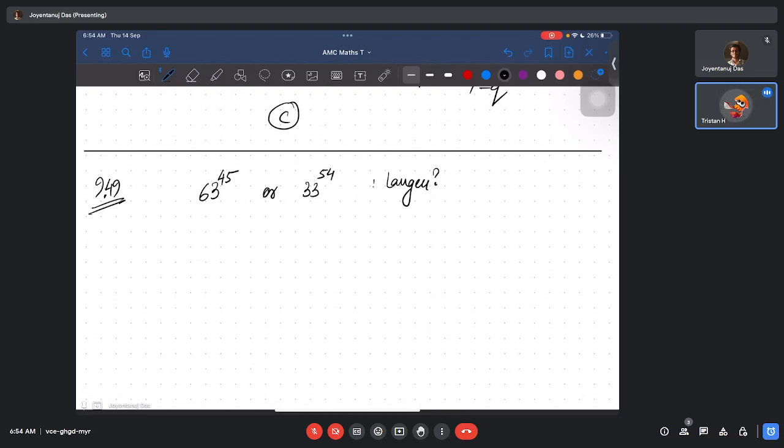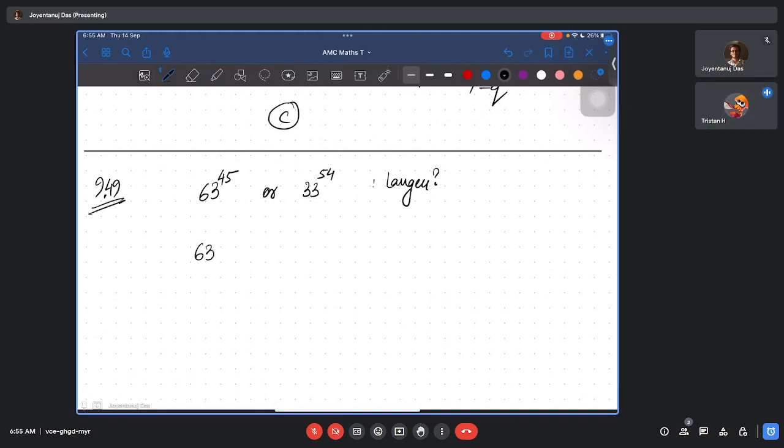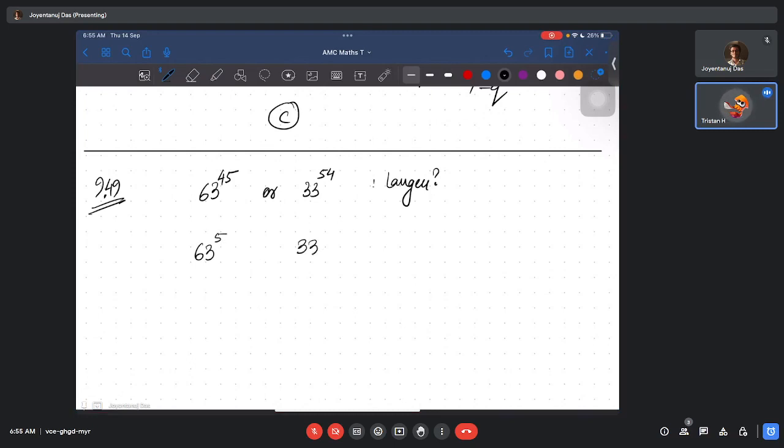So you can see that 45 and 54 are both multiples of 9. So you can take the 9 exponent out. So what is that? 63 power 5, and then in brackets power 9. Right. And then 33 power 6, and then power 9 in brackets.